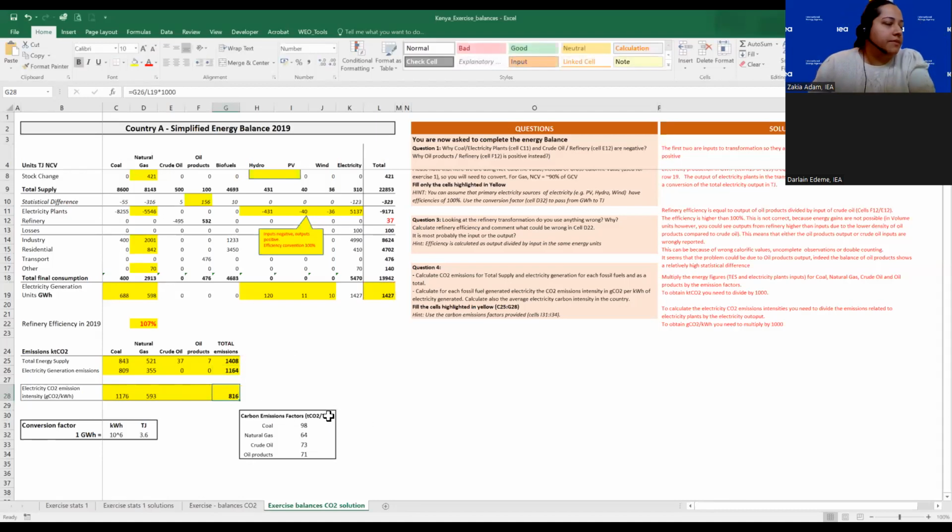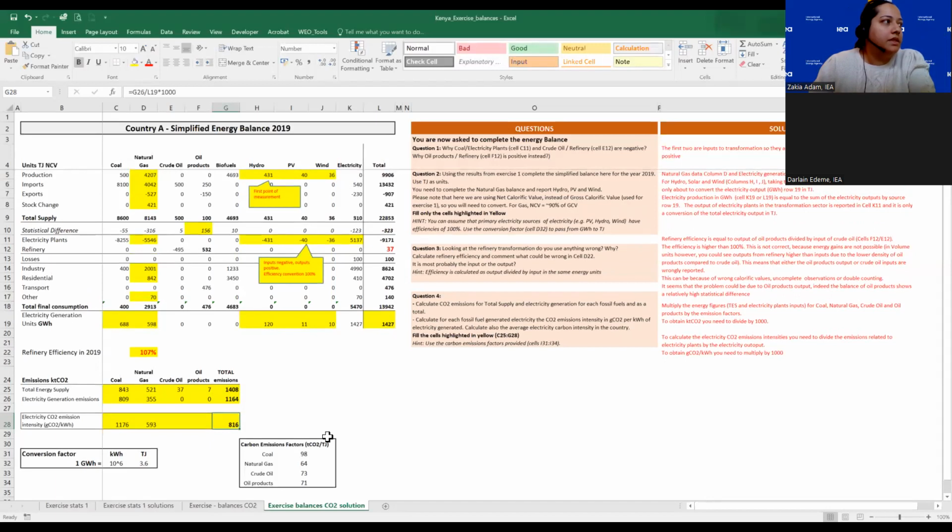So that was the end of this small exercise where we tried to look a bit at the different concepts behind the energy balances, but also some simple emissions calculations and indicators that you could derive from the emissions numbers. I think this is a very good exercise to practice, and I really recommend you try to do it by yourself.